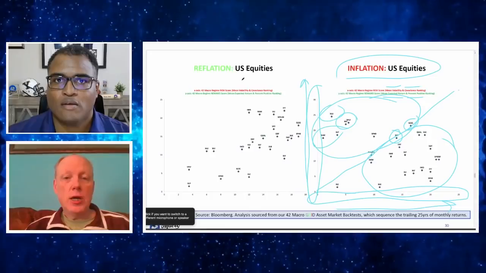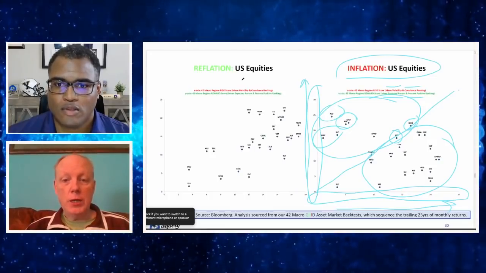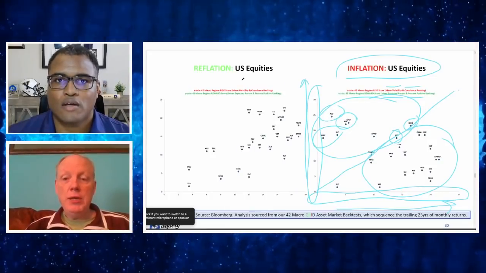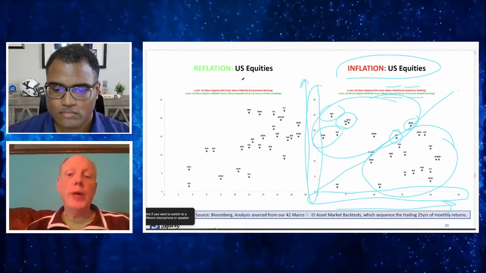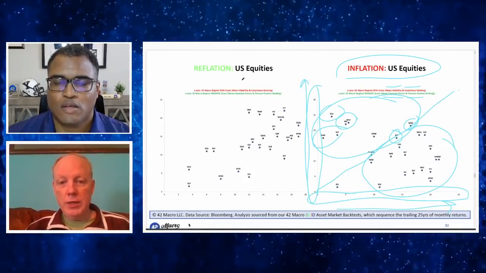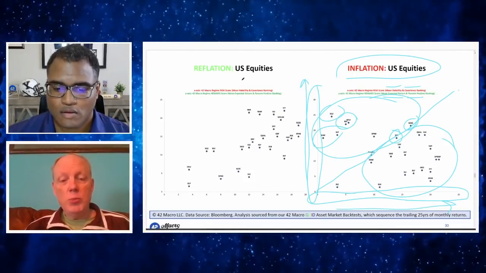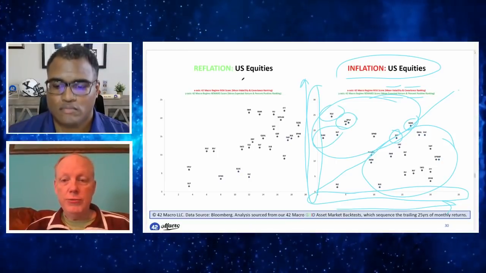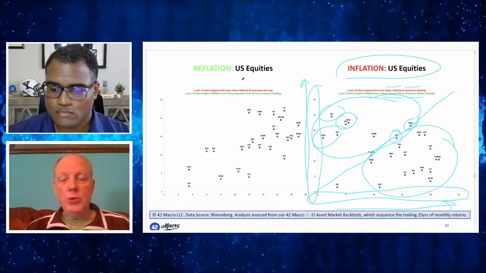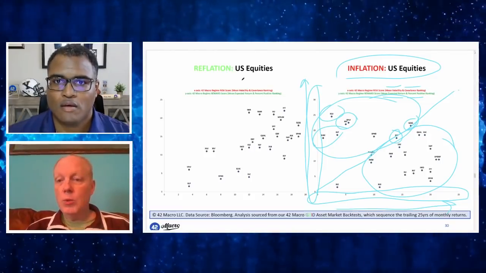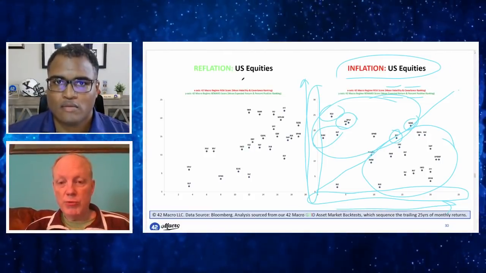So you can look on those charts for things that are up in that upper left hand corner, that may be common between reflation and inflation, and overweight your portfolio in those tickers. If you're particularly fearful of inflation compared to reflation, then you would likewise underweight the ones that you would expect to underperform in that area.